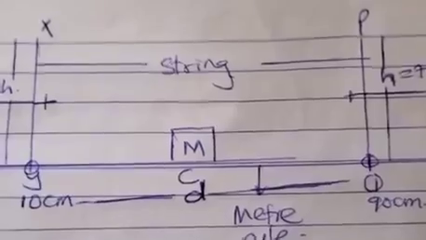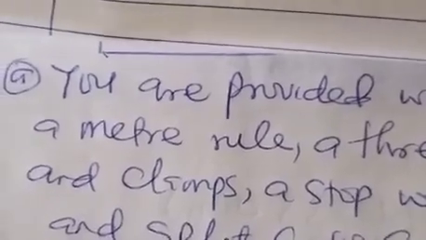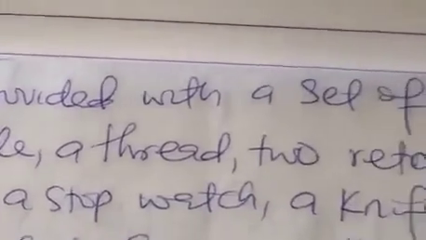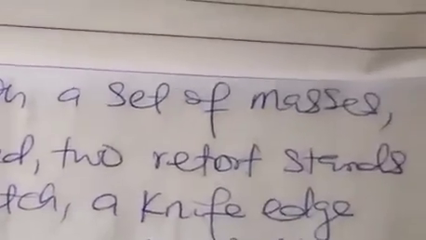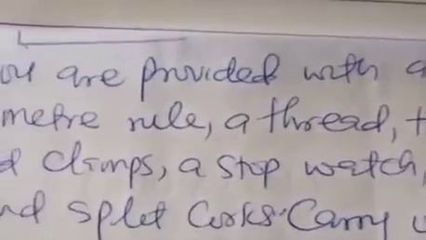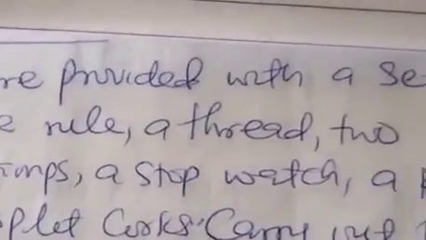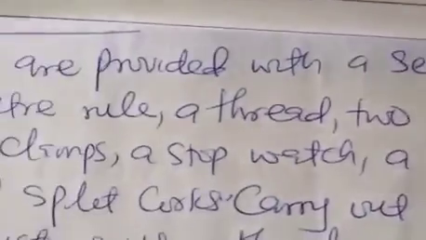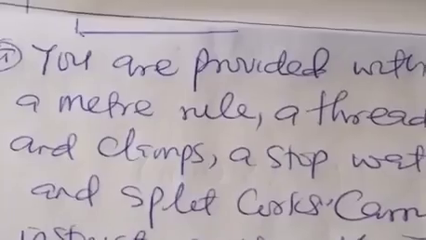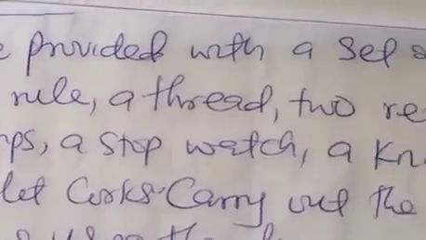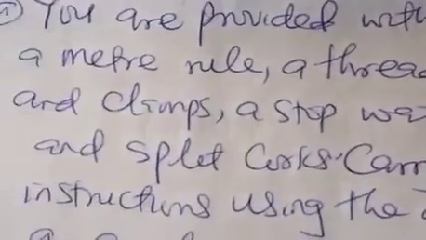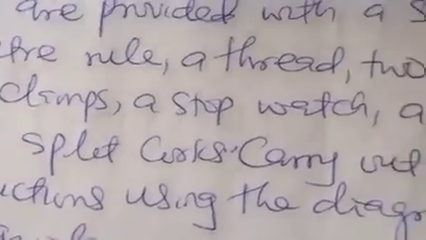So let's look at the question. Question goes thus. A. You are provided with a set of masses, a meter rule, a thread, two retort stands and clamps, a stopwatch, a knife edge, and split corks.